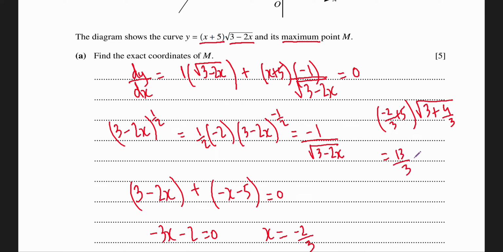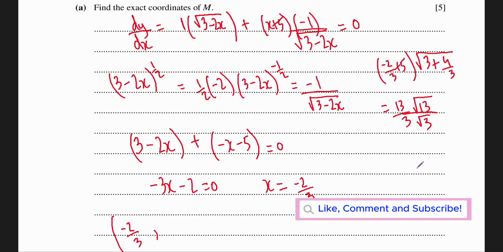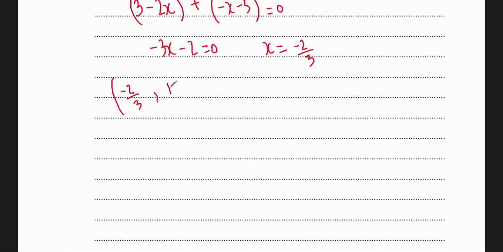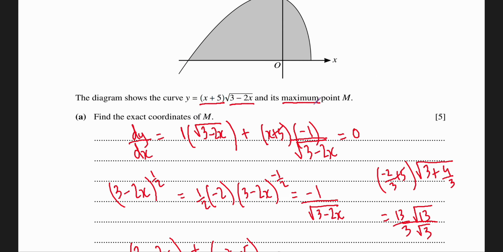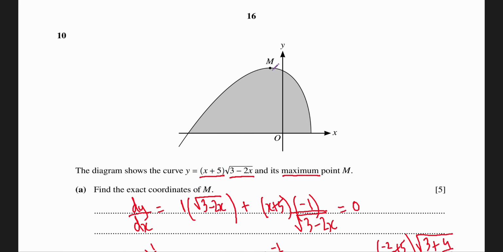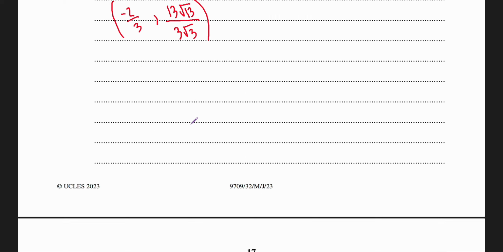And then here you get square root of 13 divided by the square root of 3. So you can write it as this right here. So you're left with minus 2 over 3 and 13 square root 13 divided by 3 square root 3. And that's the coordinate. Those are the coordinates of the point M: minus 2 over 3 and 13 square root 13 divided by 3 square root 3.